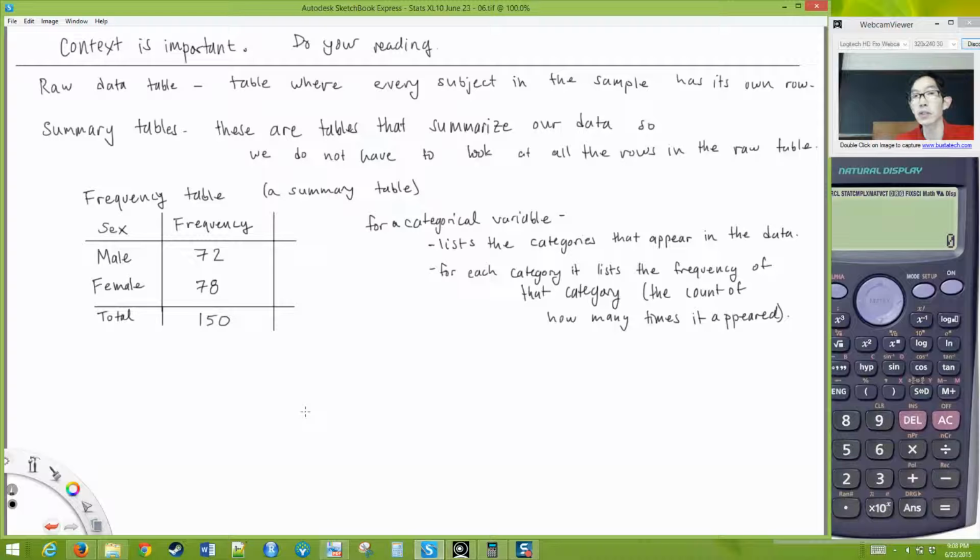Is that okay? We also have another summary table, and this is called a two-way table. Okay. So a two-way table, okay, is another summary table, and this takes two categorical variables.